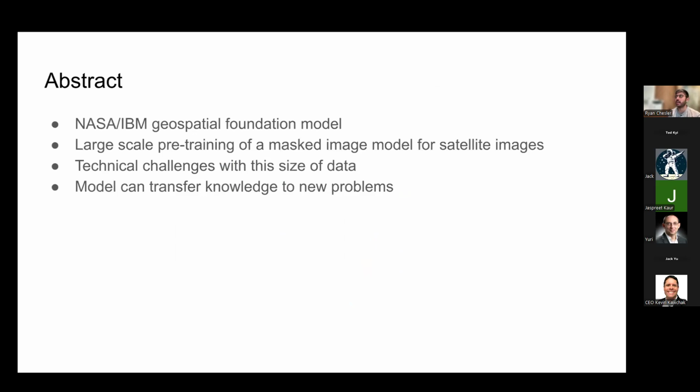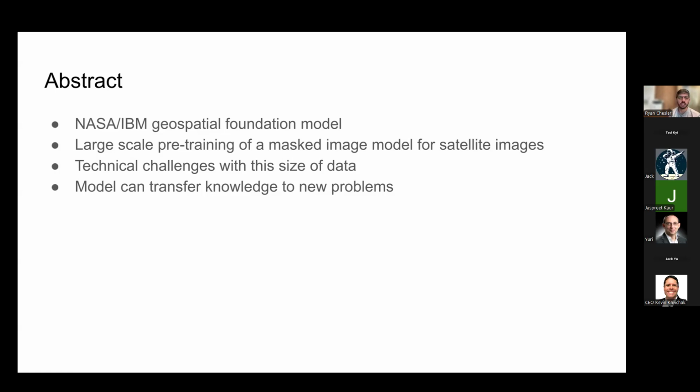So they took their massive stores of satellite images, these petabytes of satellite images, and said, let's train a model on all of these images, and then transfer it to other tasks down the way. There's a big challenge here with just the size of the data. I'll talk more about the data on the next slide.